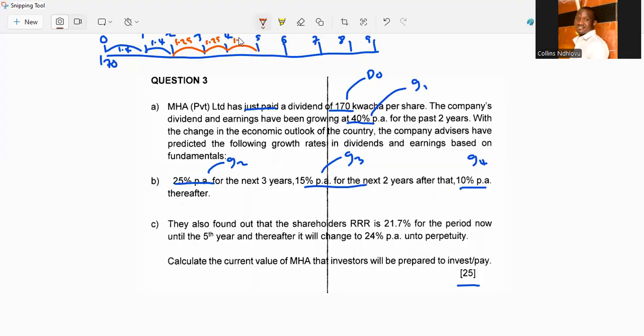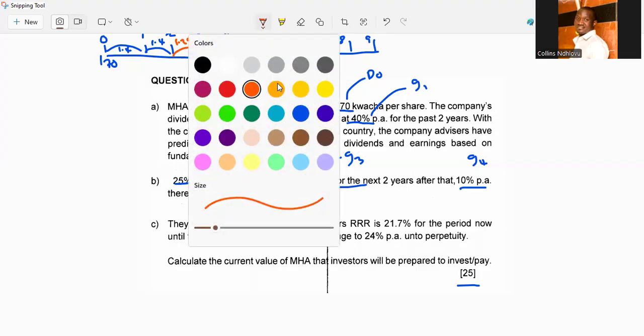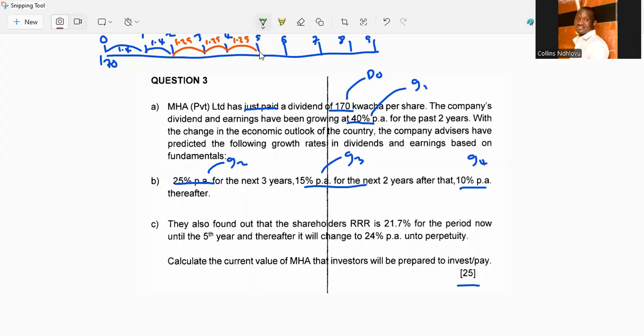1.25. What follows? 15% for the next 2 years. So it is growing again, 2 years here, 1, 2. At what percent? 15%. So 1.15. All right.